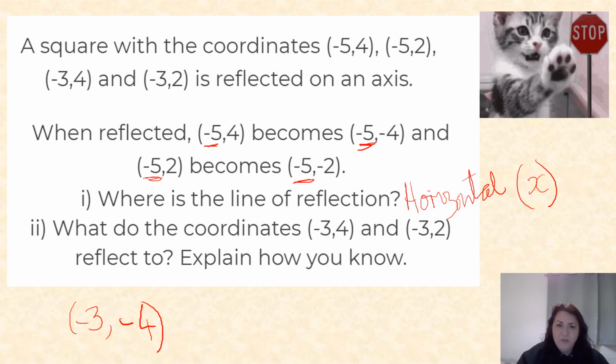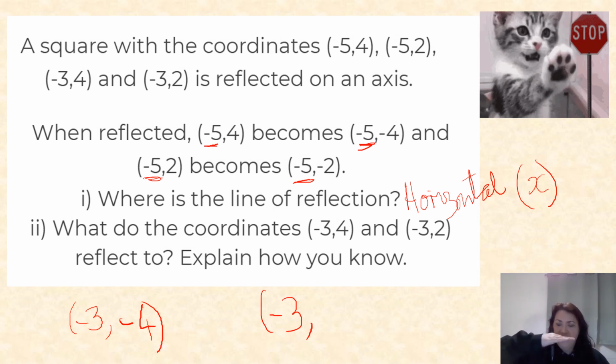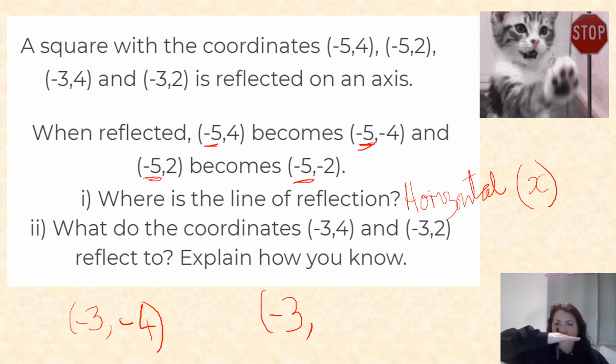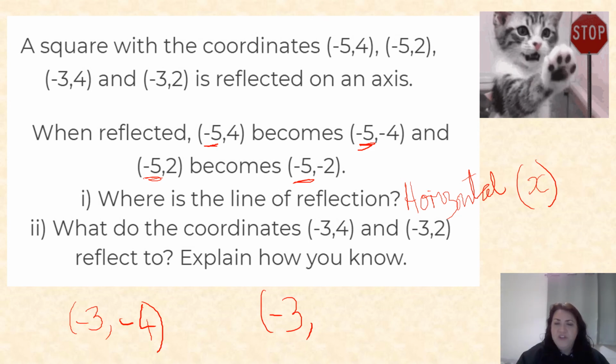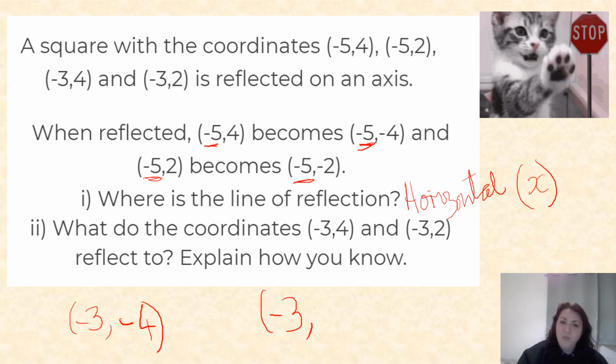Let's look at the second one. -3, that's not going to change. We know that because we're reflecting on a horizontal mirror line. What would the second coordinate, the y coordinate, be? So we've come 2 up, which means we've come 2 away from our mirror line. So we've got to go 2 away from our mirror line, the opposite direction.